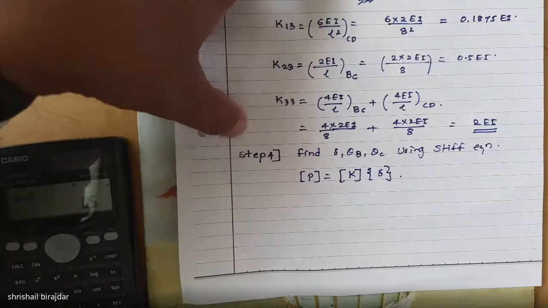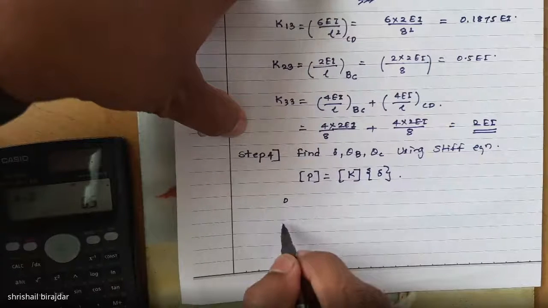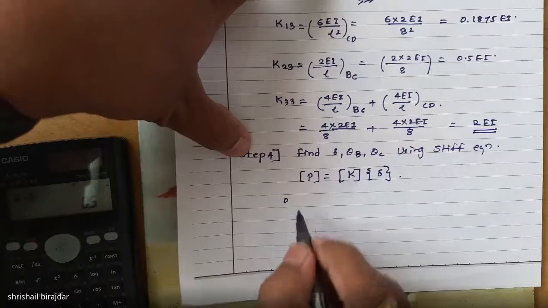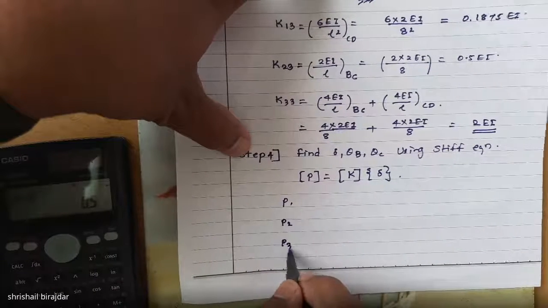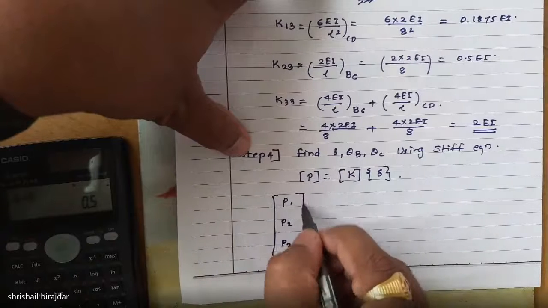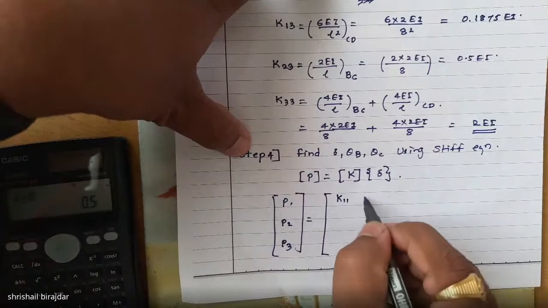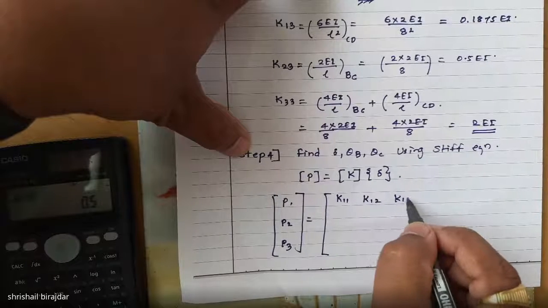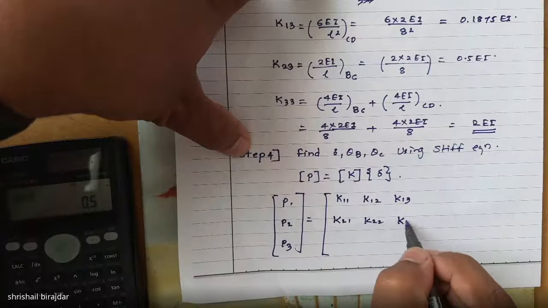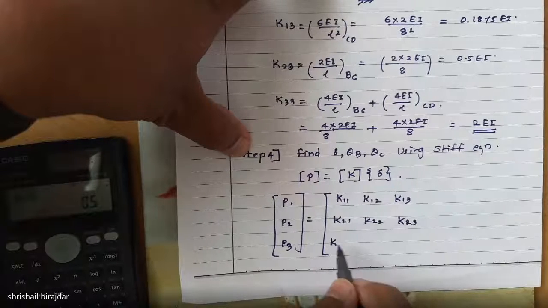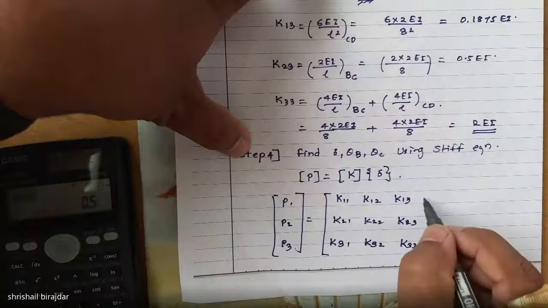Try to find out the unknowns then. First of all, write down the P matrix: P1, P2, P3. K matrix: K11, K12, K13, K21, K22, K23, K31, K32, K33.